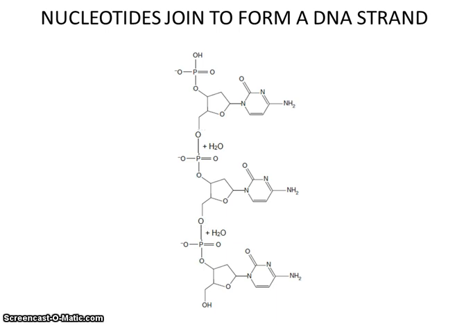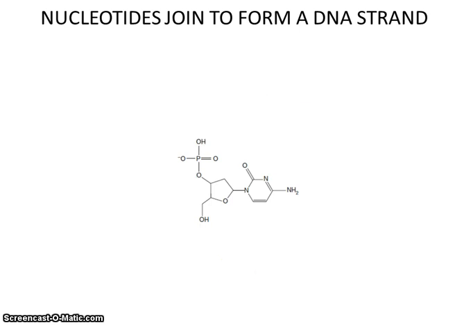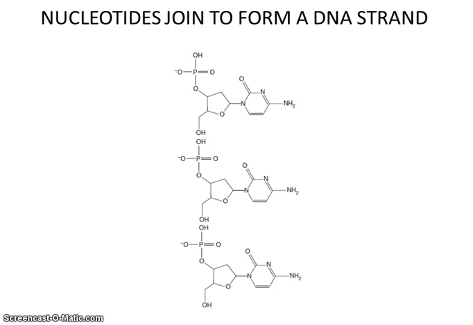Now, technically, you might well be required, given a diagram showing one nucleotide, to show a second nucleotide bonding on top. So you should get used to the idea of drawing the OH of one ribose sugar immediately adjacent to the phosphate group and figuring out how a condensation reaction can occur between the two.